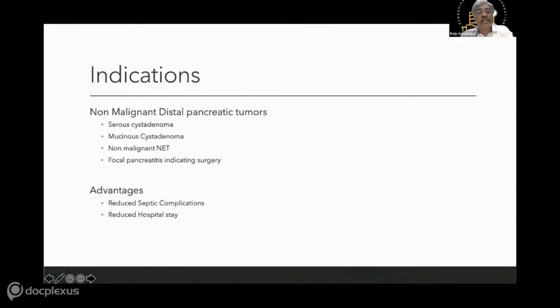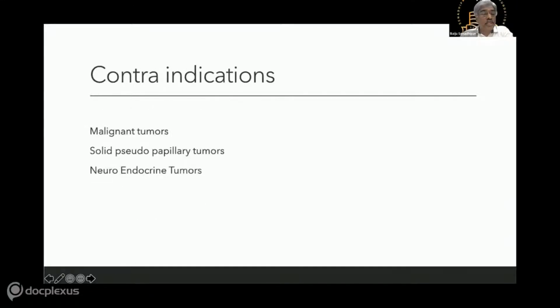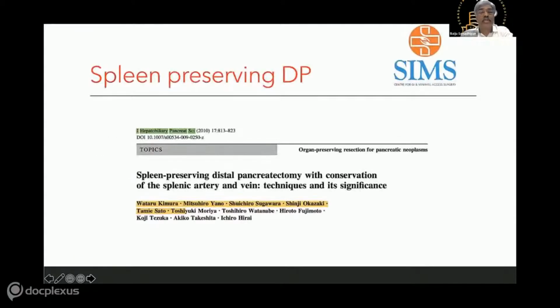Focal pancreatitis indicating surgery is another indication for a spleen preserving procedure. Advantages you all know: reduced septic complications and reduced hospital stay. And the contraindications: malignant tumors, solid pseudopapillary tumors, because of the malignant potential. Neuroendocrine tumors, if well evaluated, you should avoid a spleen preservation.